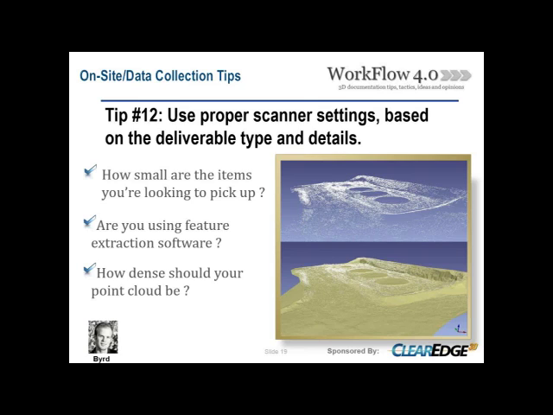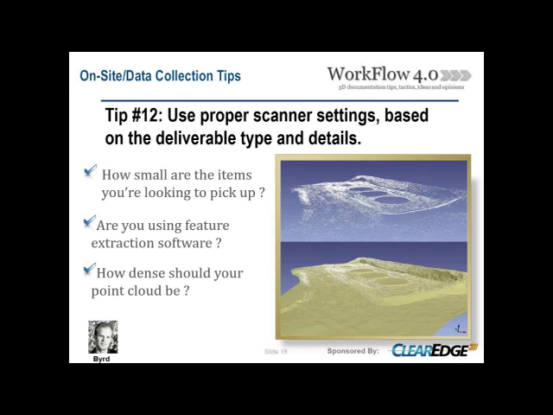Now, if we use those same scanner settings inside of a building and we wanted to pick up 2-inch lines, well, if we zoom into that point cloud, we're not going to know whether we're looking at a wall, a pipe, nothing. It's just going to be really sparse and you won't be able to accurately model. Again, just making sure you understand that. The density is important depending on what you're going to do with the data. How small are the items you're picking up?